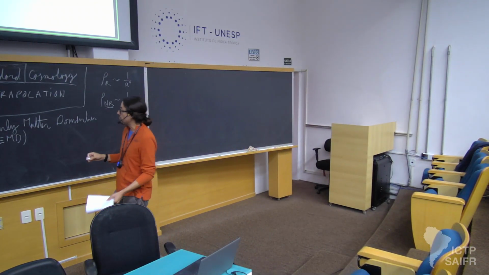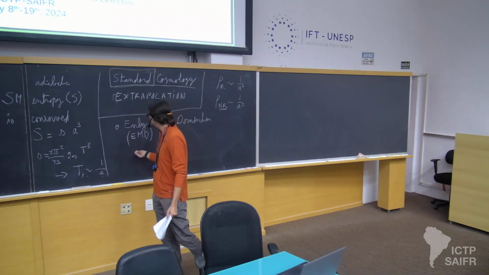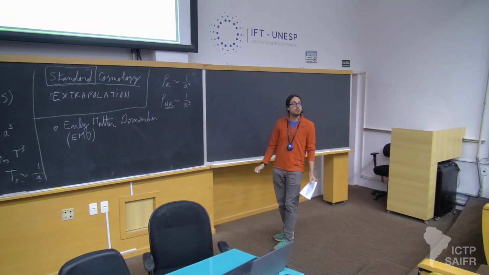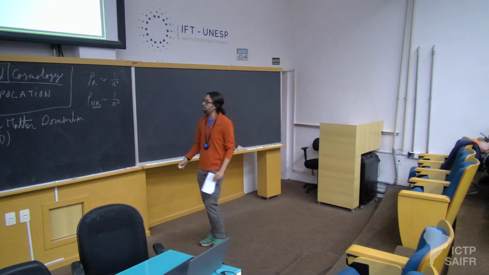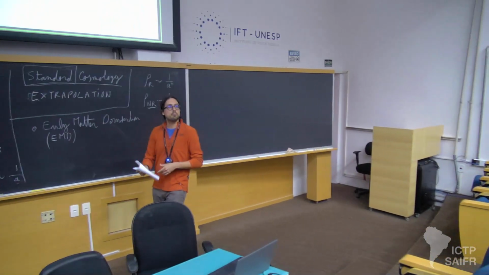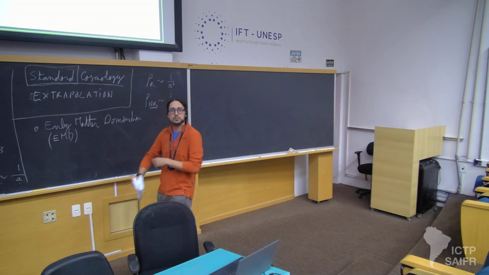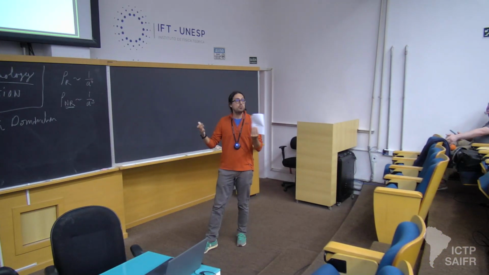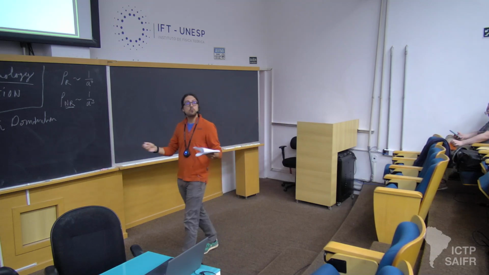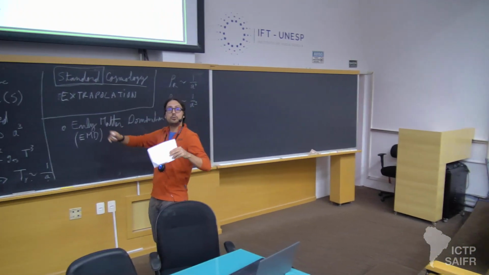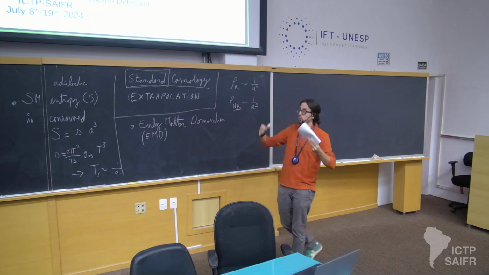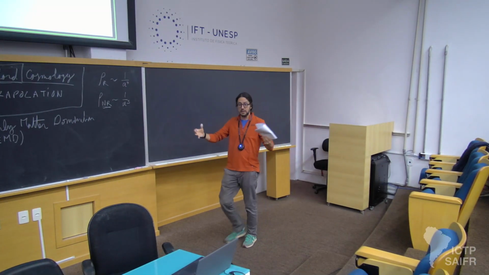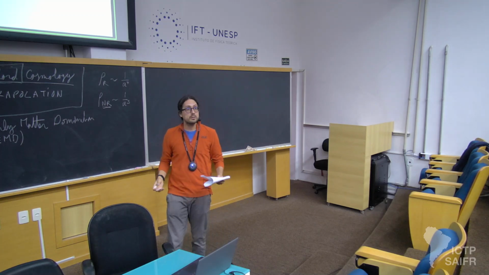We have also discussed primordial black holes, which are also a possible source of early matter domination. For instance, you can imagine that after inflation, you have this population of primordial black holes. I don't care how they were produced in the early universe, but you have them, right? You don't expect them to move at the speed of light, so you expect them to be kind of at rest, non-relativistic. So you have a concentration of matter. It's not a particle, it's a macroscopic object.